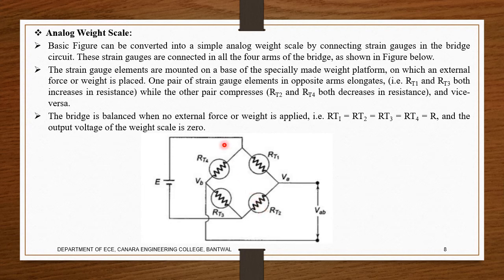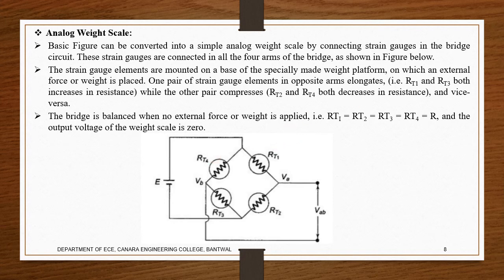What is the condition when no extra force has been applied? At that time RT1 plus RT2 plus RT3 plus RT4 is equal to R, and the output voltage of the weight scale is 0.